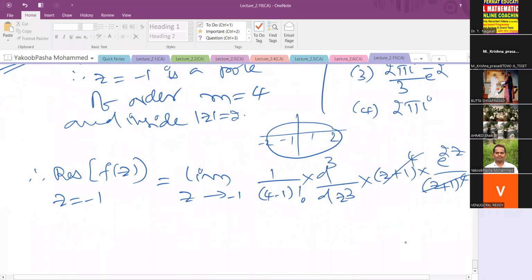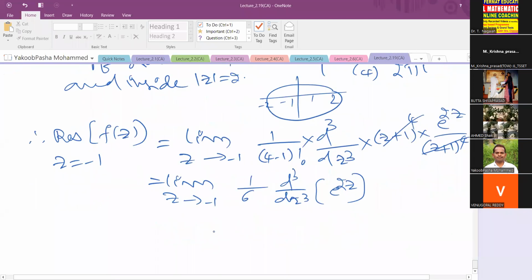These two terms are cancelled. So this is equal to limit z tends to minus 1, 1 by 3 factorial is 6, and the third derivative d cube of e power 2z.